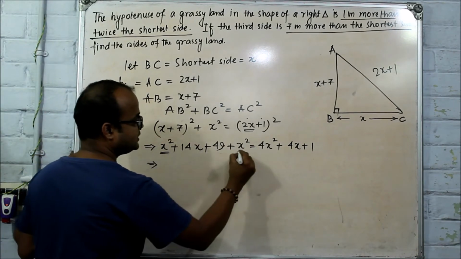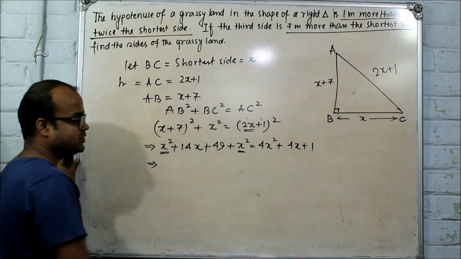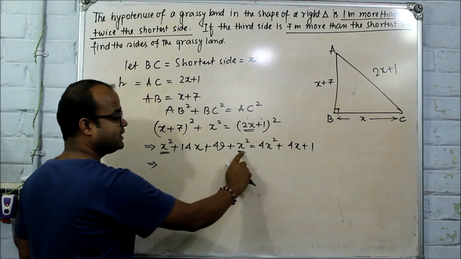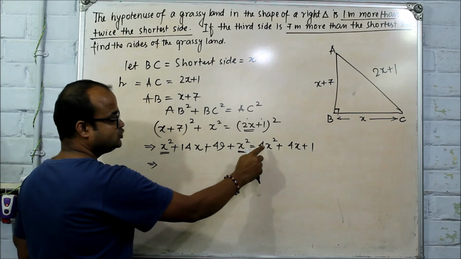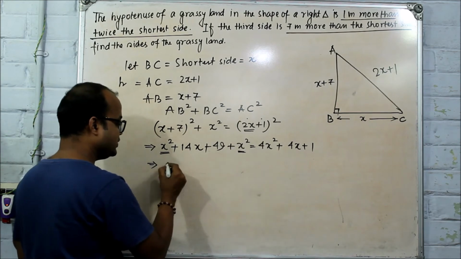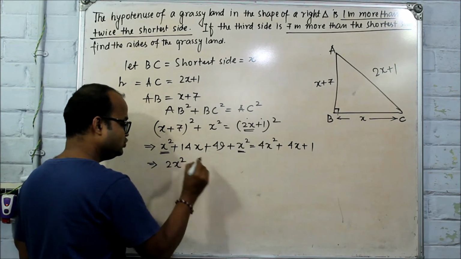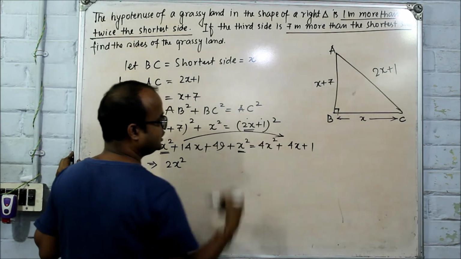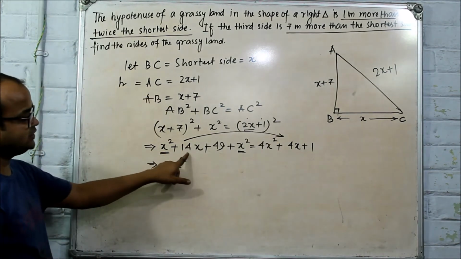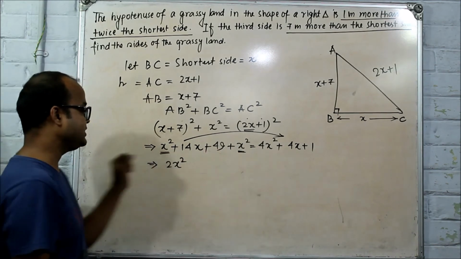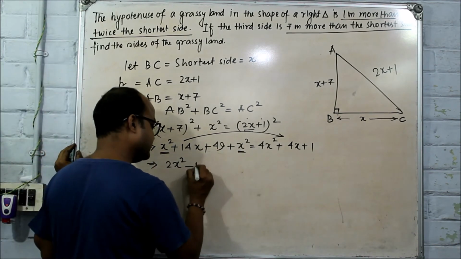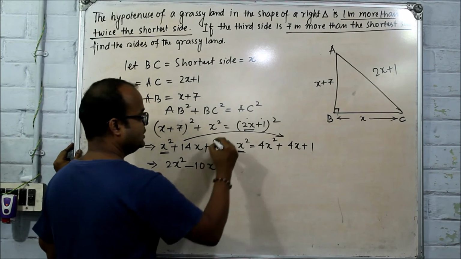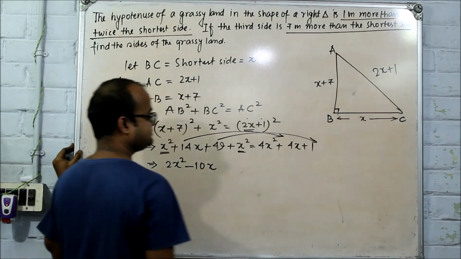x square plus x square is equal to 2x square. When it changes side, it becomes minus 2x square. So 4x square minus 2x square is 2x square plus 14x. If you take this to the other side, it becomes minus 14x. So 4x minus 14x is minus 10x plus 49.